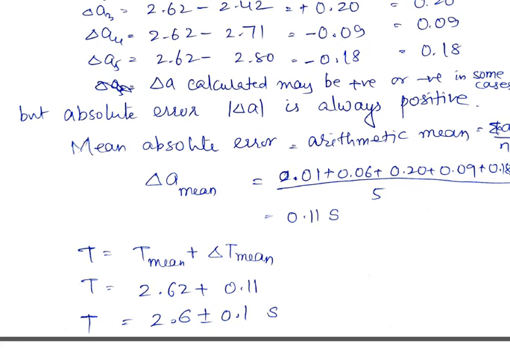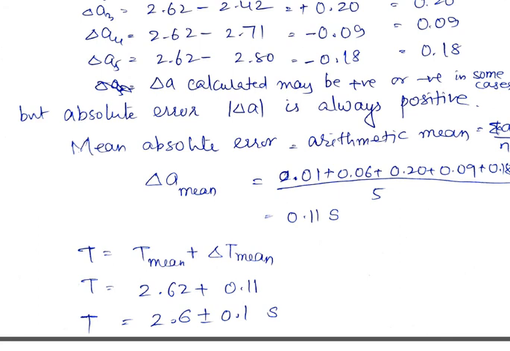So the result you write: T is the time period of oscillation, T equals T mean plus or minus delta T mean, that is 2.62 plus or minus 0.11. This is the error associated. If we round off to the first digit, then 2.6 plus or minus 0.1 second.